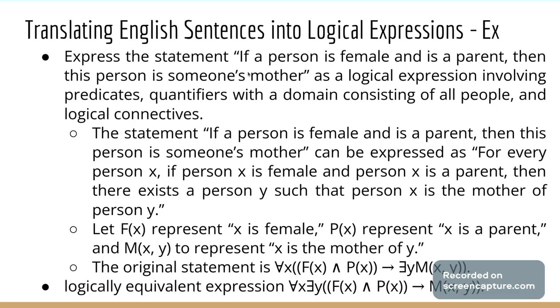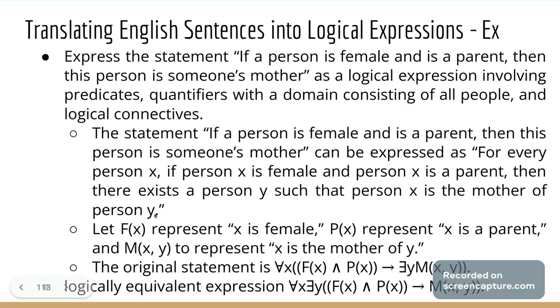It can be expressed as: for every person X, because the domain is all people, if person X is female and person X is a parent, it implies that there exists a person Y such that person X is the mother of person Y.